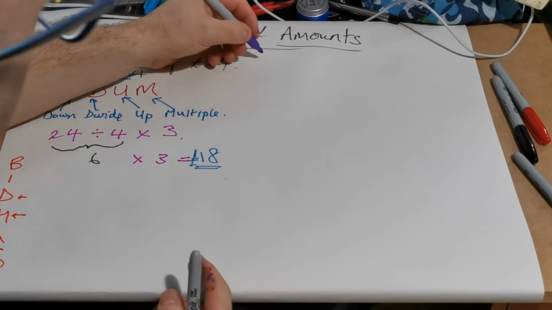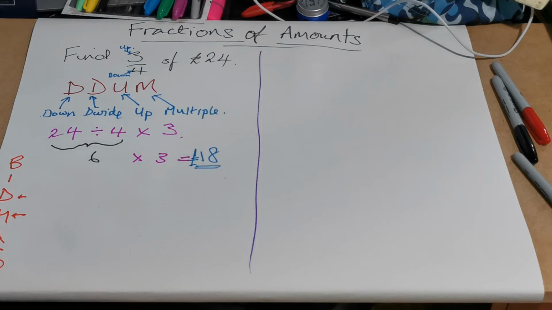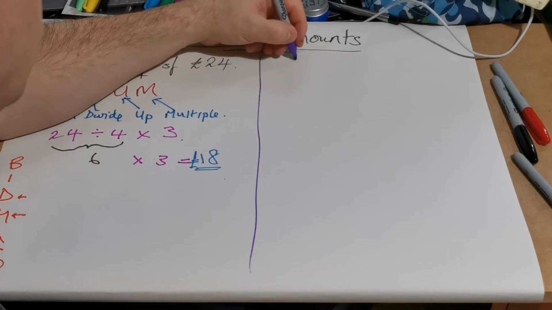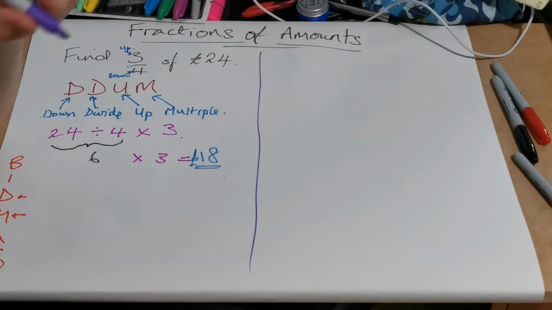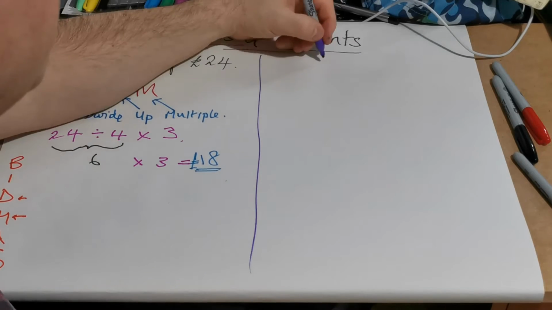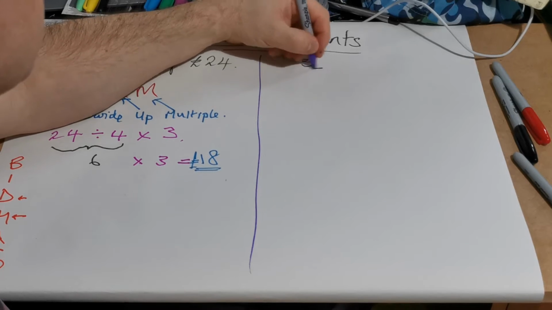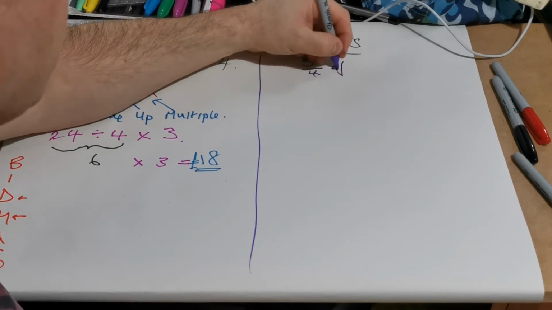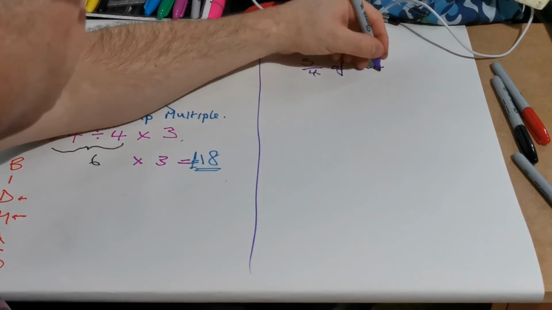So let's have a look at a slightly more mechanical way of doing it. Let's do that one first. We'll do 3/4 of 24.